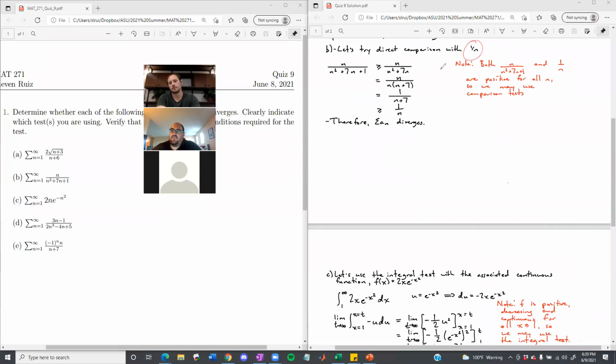I want to compare with 1 over n, so I need to have a series that's bigger than 1 over n. And from the very start here, this is false already. Just try some values of n to see that this is not actually true.